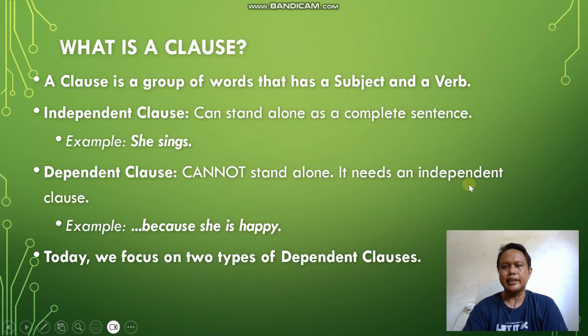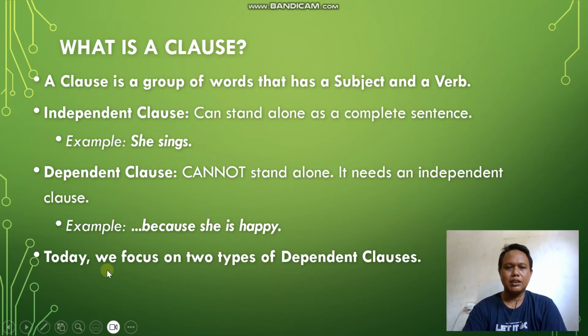It needs an independent clause. For example, because she is happy. This is a dependent clause because the sentence "because she is happy" has no complete meaning.